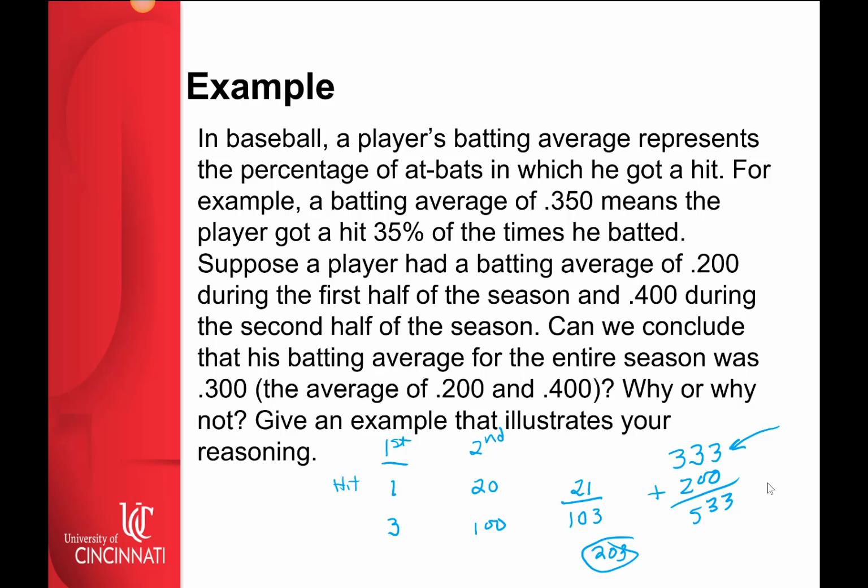If we took the two percentages and added them up, we'd take the 533 divided by 2, which would give a 267 batting average. Is there a difference between a 203 and a 267 batting average? There's a huge difference. You cannot just take percentages, add them together, and average, because they may not be based on the same number of situations.